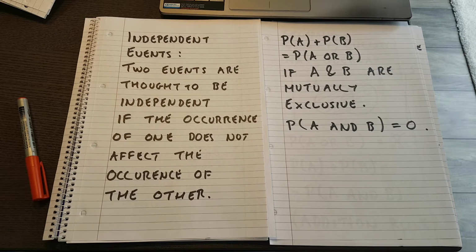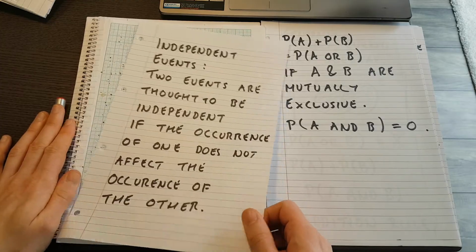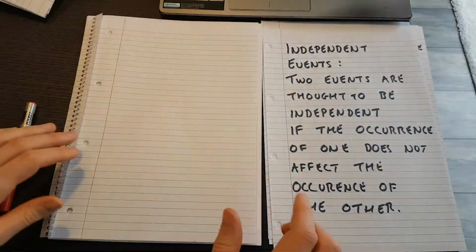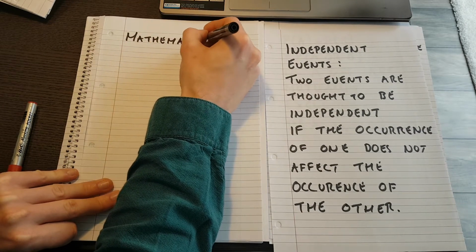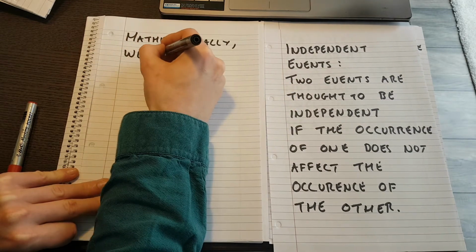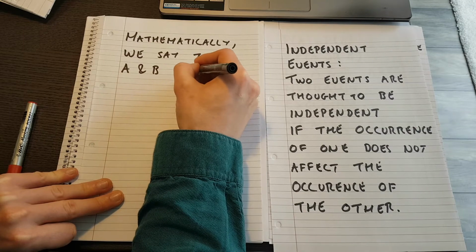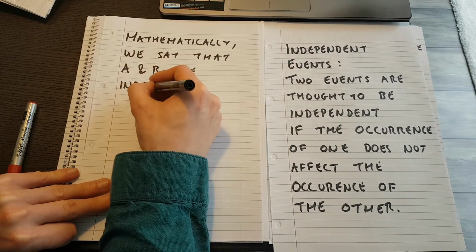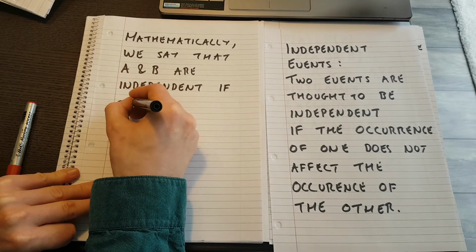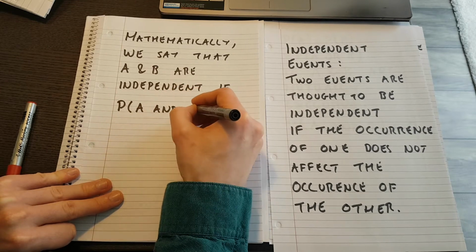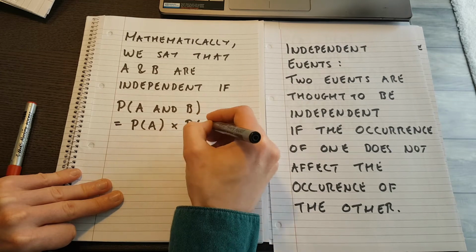So, in mathematical terms, we say that A and B are independent events, and this is the definition that a mathematician would use, if the probability of A and B is equal to the probability of A multiplied by the probability of B.